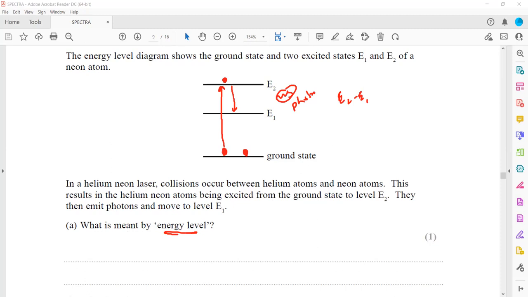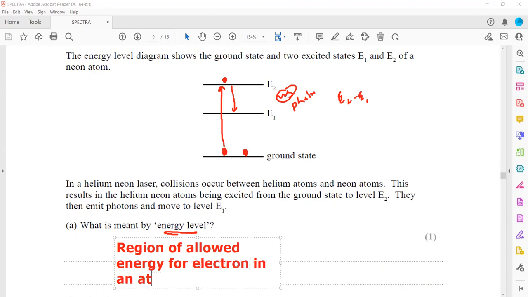Energy level is a region where the allowed or possible energy of an atom, or of an electron in an atom, is found. So if they ask you to define energy level, you will mention the allowed or possible energy of an atom or electron in an atom, the space or a region. That refers to energy level.